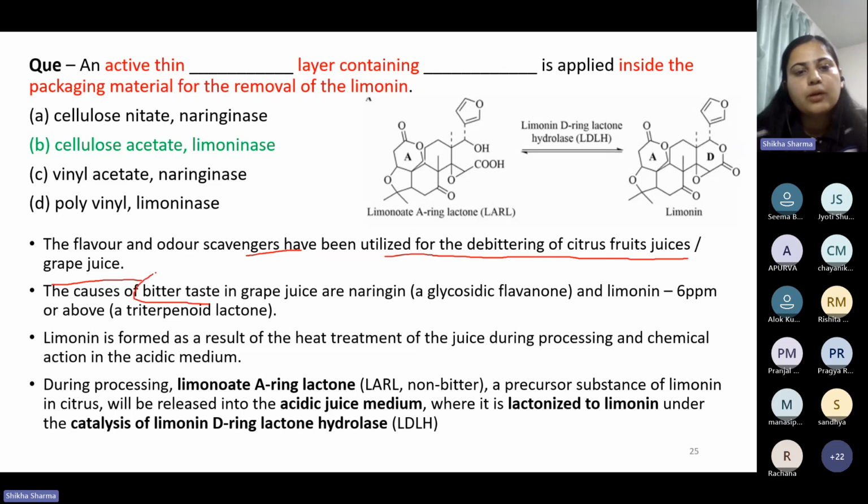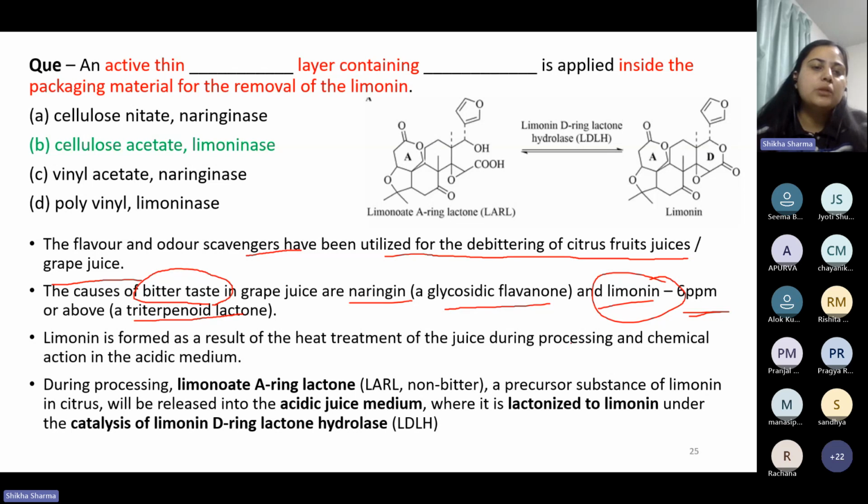The bittering compounds in grape juice or other citrus fruits, mostly grapefruit, are naringin, which is a glycosidic flavonol, and limonin, which is a triterpenoid lactone. If the limonin concentration goes beyond 6 ppm, there will be a bitter taste in the juice.